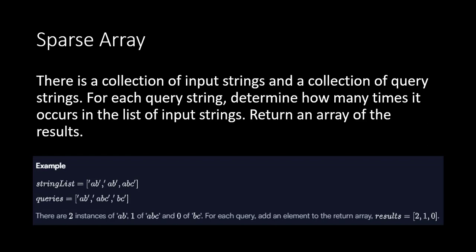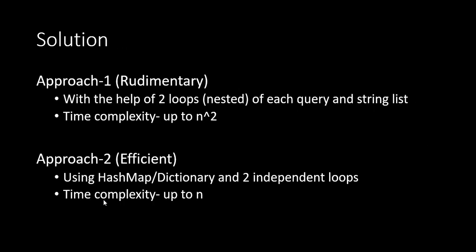Now, how are we going to approach the problem? We can approach it in two ways. One is, of course, the elementary basic approach, and in this we'll be using two nested loops again. That makes the time complexity O(n squared).